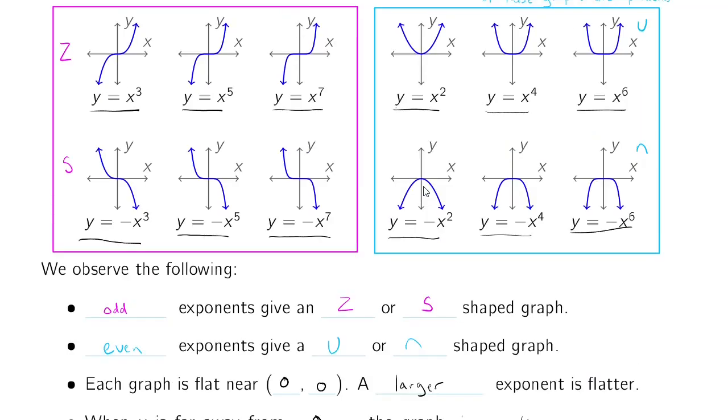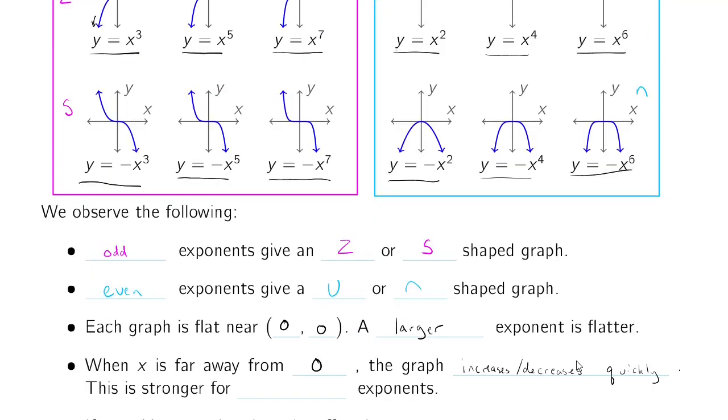And so we see right out here, far away from 0, we have graphs that are very steep. Right, when x is far away from 0, we have a graph that is increasing or decreasing really quickly. And just like the flattening near 0, the extreme steepness far away from 0 is also stronger for larger exponents.